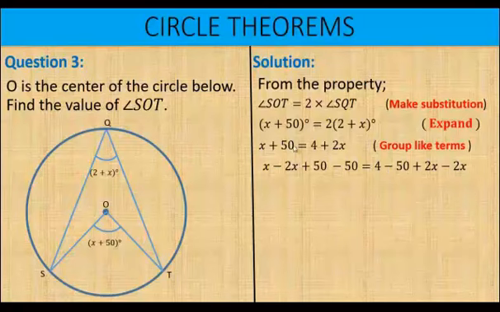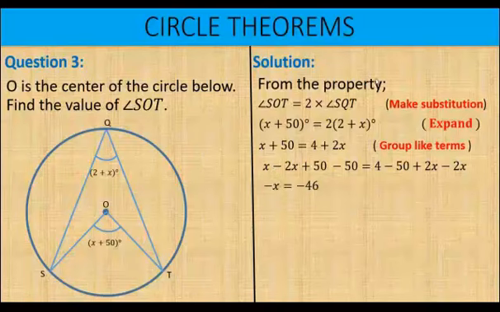Now we can also see that 2x is positive, and since we want it to be at the left hand side, we must add the additive inverse of 2x, and that would be negative 2x. So that's why we see minus 2x at the right hand side and minus 2x at the left hand side. Because it is an equation, it must be done to both sides of the equation.